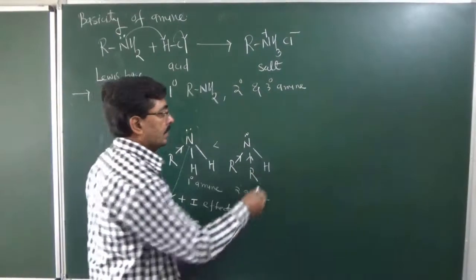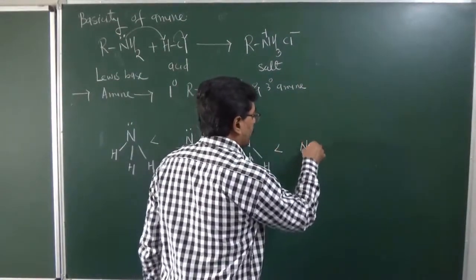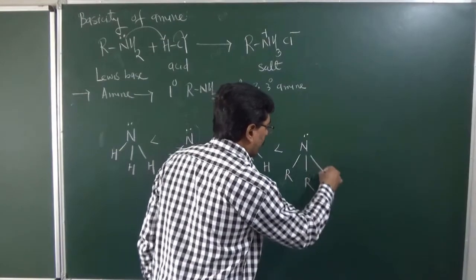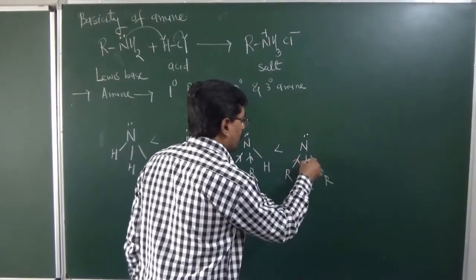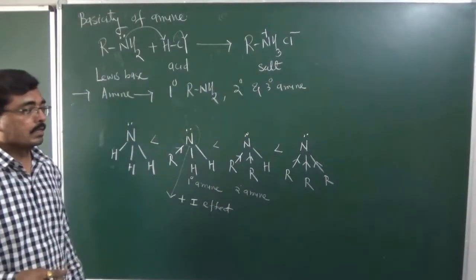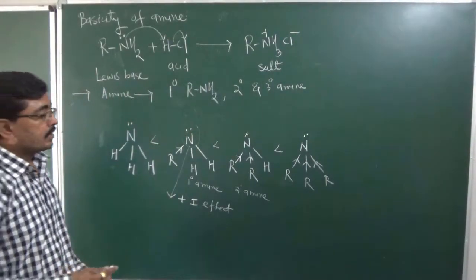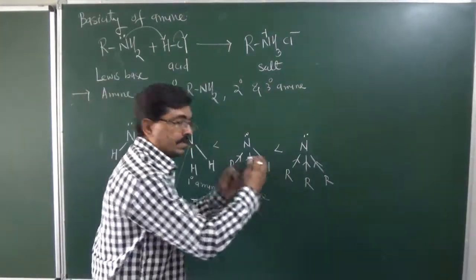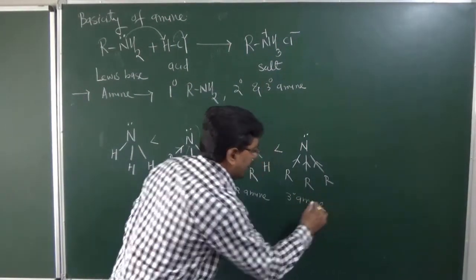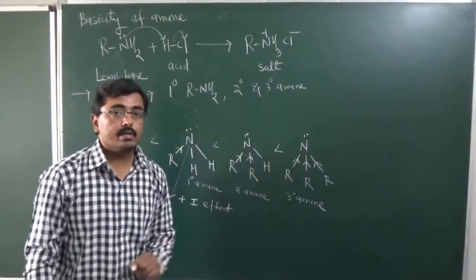Similarly, the formula of a tertiary amine is R3N. All three alkyl groups have a tendency to donate electrons. Therefore the inductive effect is increasing, and because of this the electron density on nitrogen will increase.